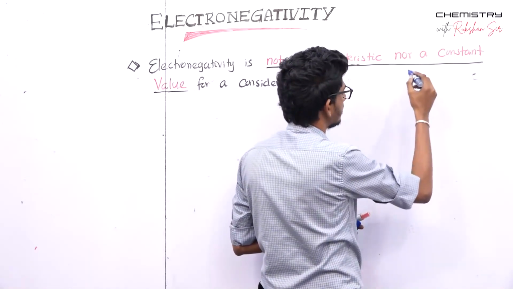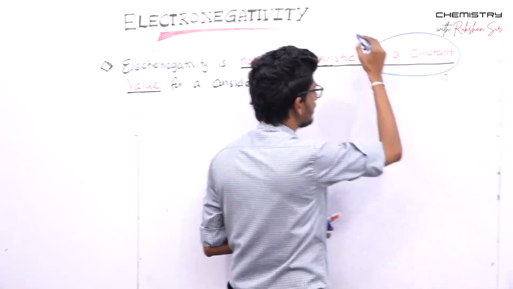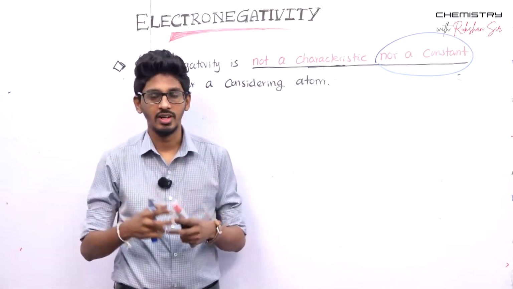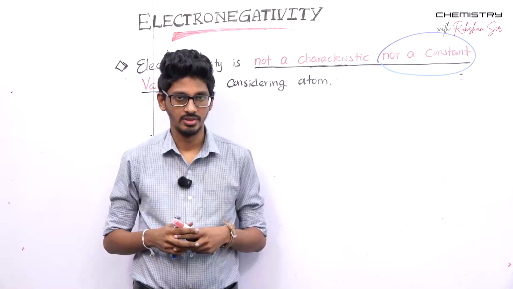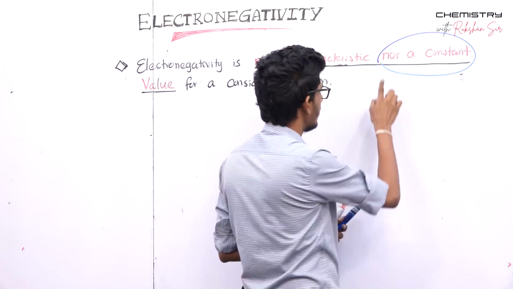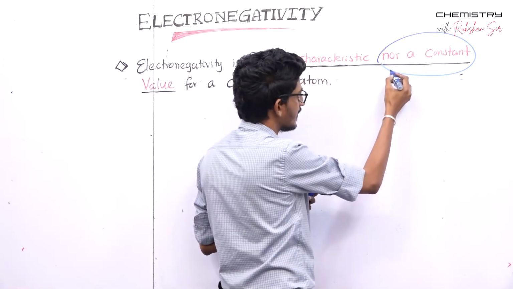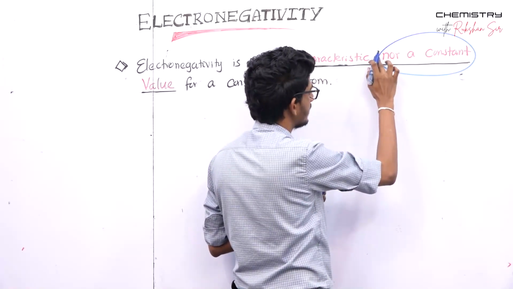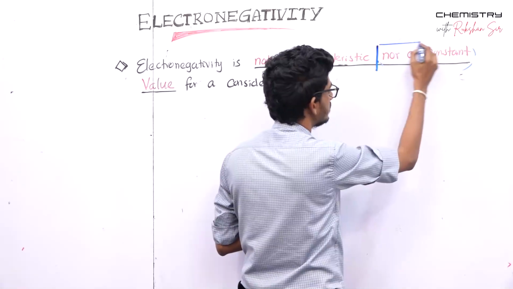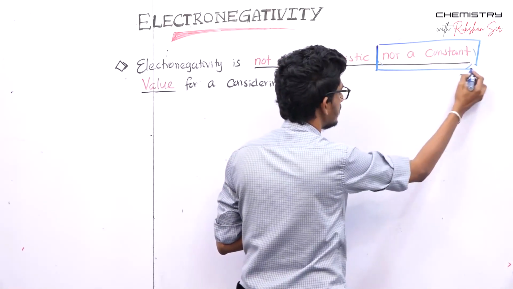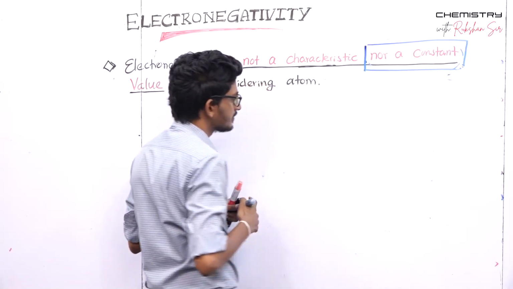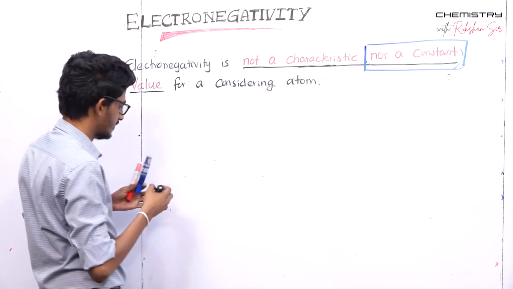The second thing, that is the most important stuff here. It is not a constant value for a given element. That is also important. It's not a constant value. So it will vary with the chemical environment.